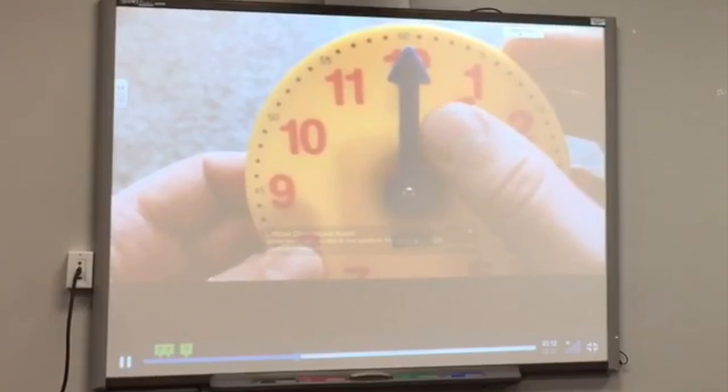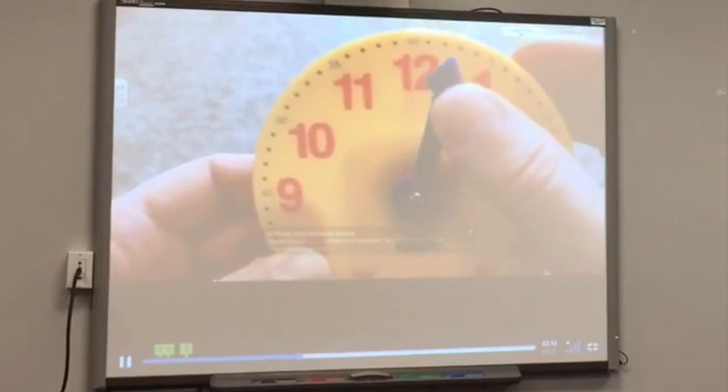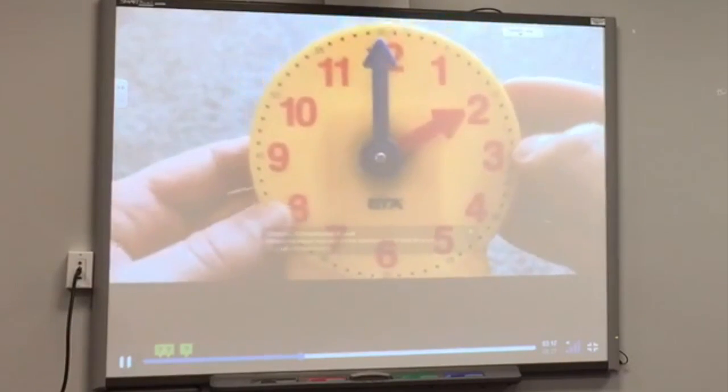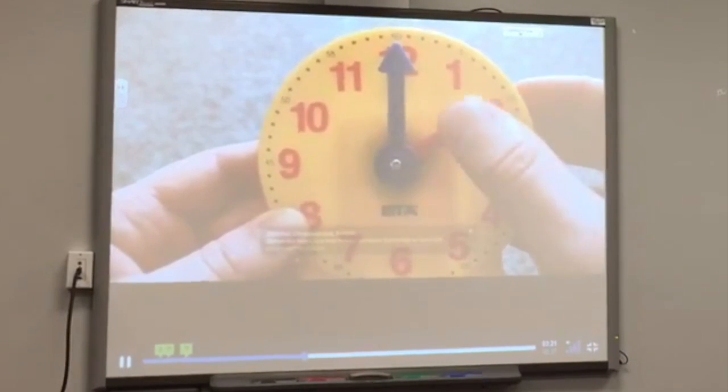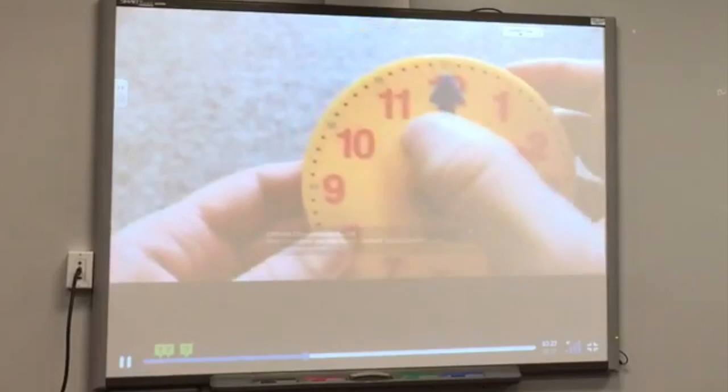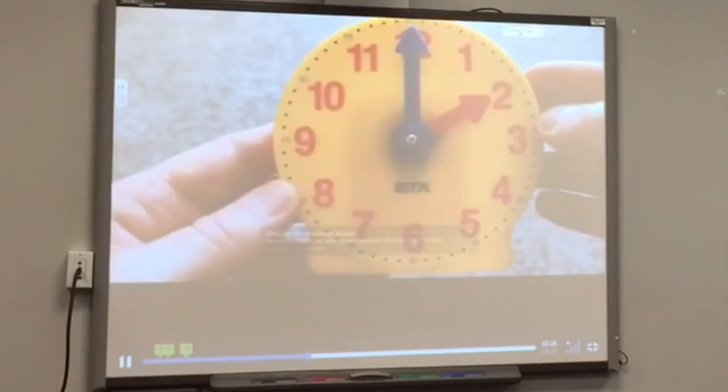All right, so we made it to 60, and that means we are going to make it to the next hour of the day, which is 2 o'clock. So now we're on 2 o'clock, and the minute hand's on the 60, and we're going to go around again.